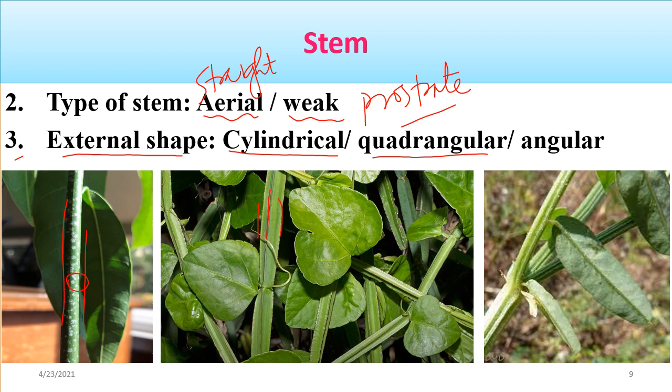So here the stem is characteristically quadrangular, and this is angular, where angles are more than 4. So these different angles can be seen. On another side also different angles are there. Here it is evident, you can see these angles can easily be seen.